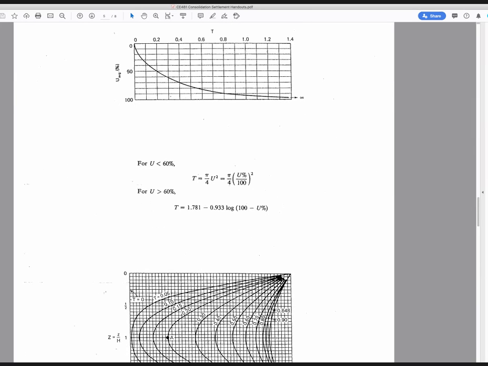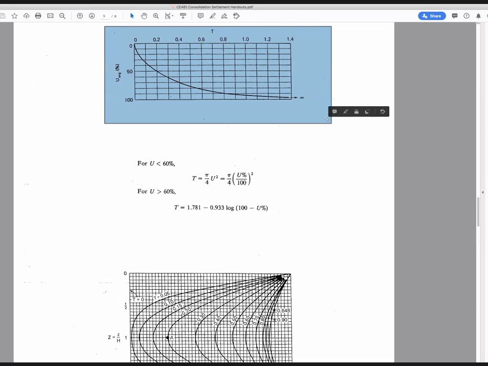And here is the graphic. I think I had shown this in a slide last time, of T versus U average. This allows you to actually get a number directly. If you have 90%, you could come in at 90% here on this line, shoot over to here, and come up. Where are you going to be? Well, you should be right around that 0.848 that I was suggesting earlier.